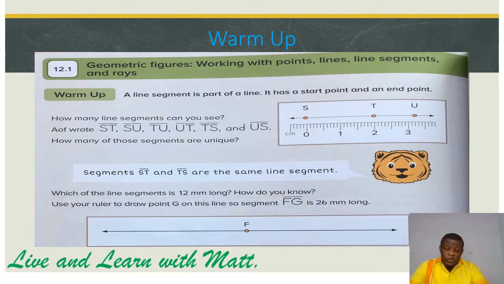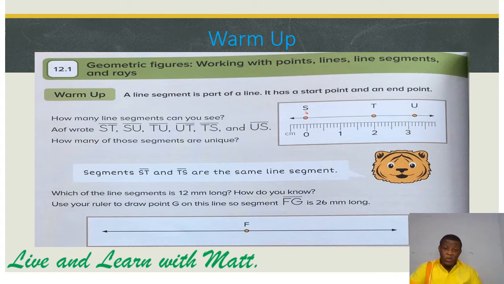ST. So when we want to talk about a line segment, we draw a line at the top of the word. So from this point S to point T is the line segment. So we call it line ST because it is labeled S and T. So that is why we use ST.